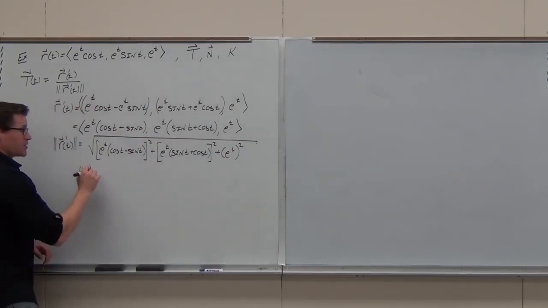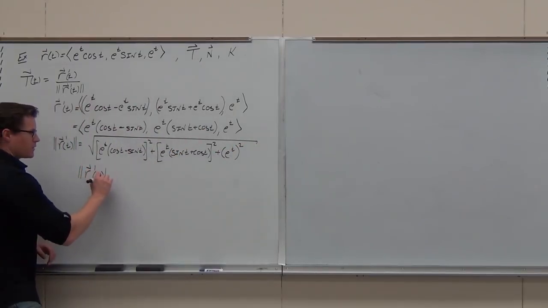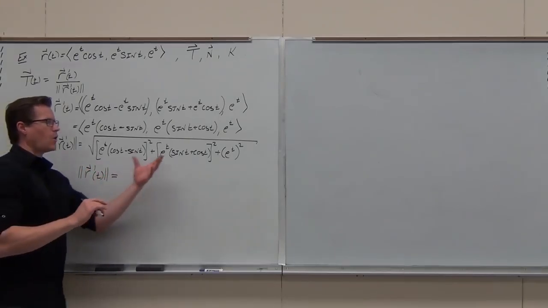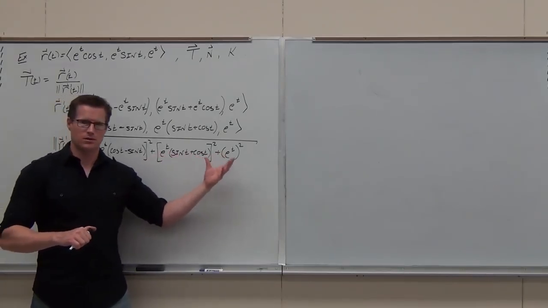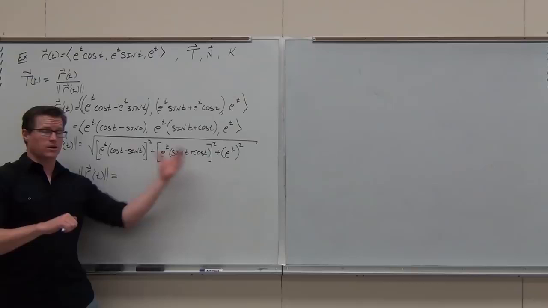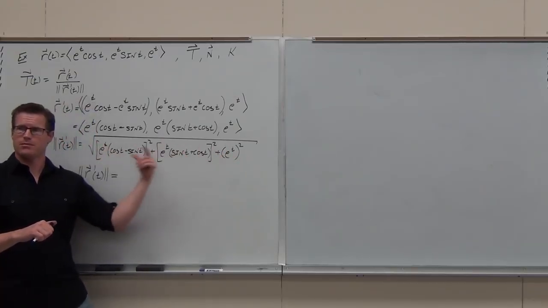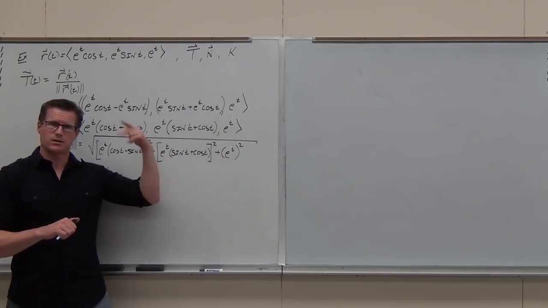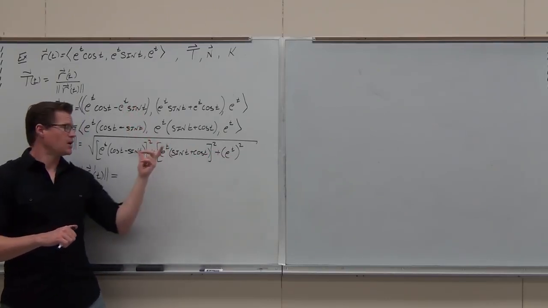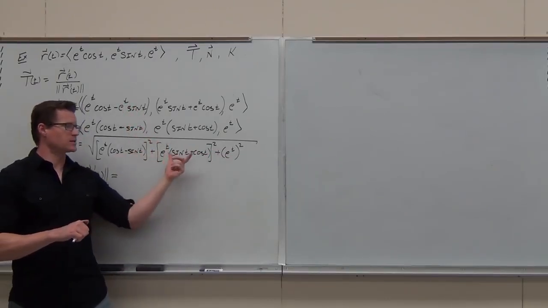Now, I'm going to cheat a lot. We've already done this. There was a whole lot, and you can see it right here. Watch. First, did you see where it comes from? You see the e to the t. We have 3 of them. e to the t squared. You factor it. You take the square root. You're going to have e to the t. What you're left with is a whole bunch of cosines and sines.